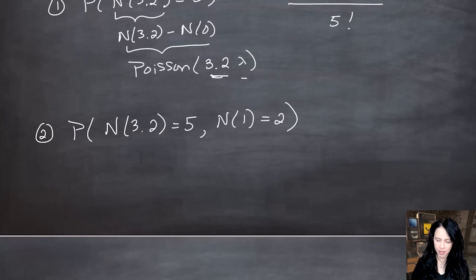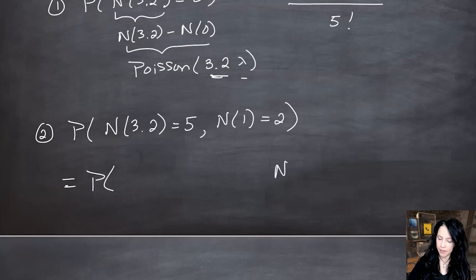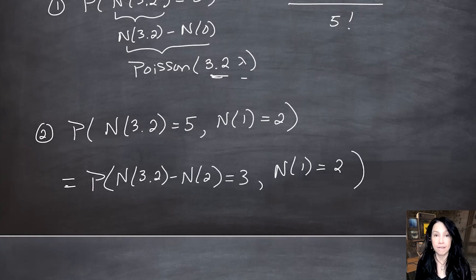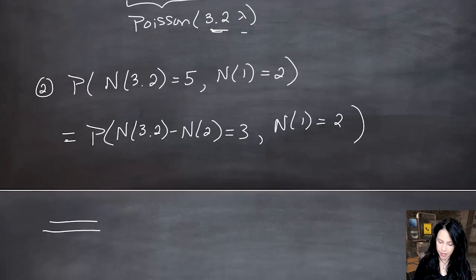This is the same thing, as I was saying just a moment ago, you want to take advantage of independent increments. This is the same thing as having 2 arrivals by time 1, and then between time 1 and time 3.2, the increment is 3 more. And then you can say, I'm going to use independent increments.